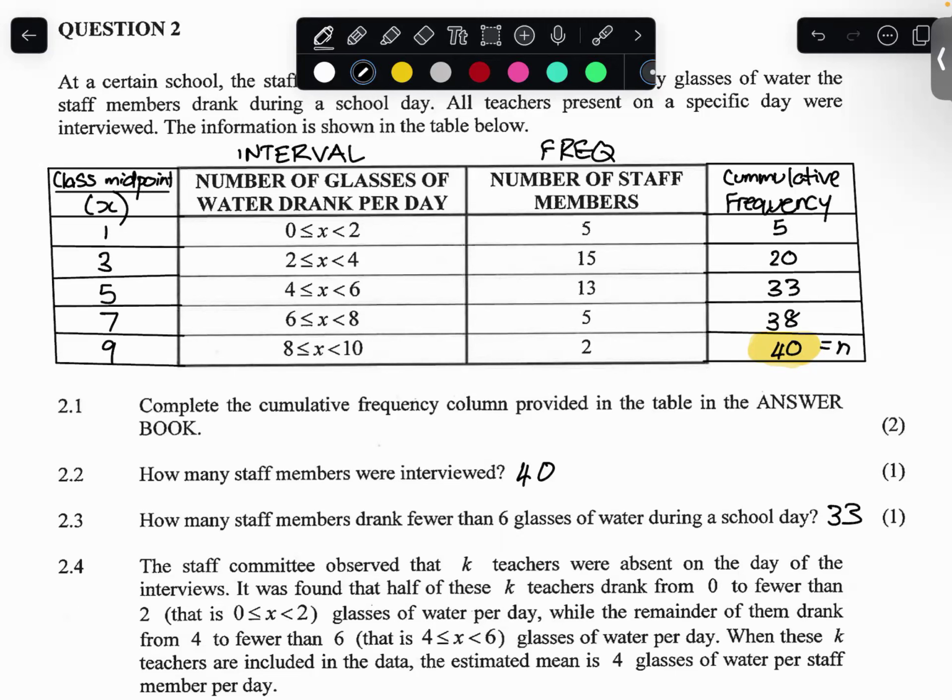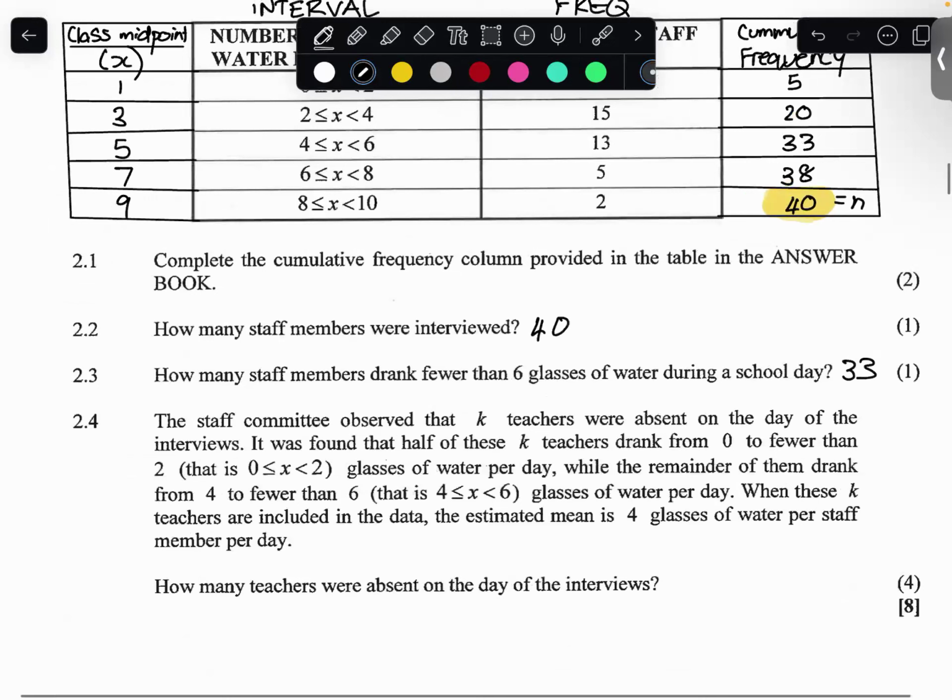So this is 33. The next question says, the staff committee observed that K teachers were absent on the day of the interviews. It was found that half of these K teachers drank from 0 to fewer than 2, meaning in the interval between 0 to 2, glasses of water per day, while the remainder of them drank from 4 to fewer than 6, meaning in the interval between 4 and 6 glasses of water per day.